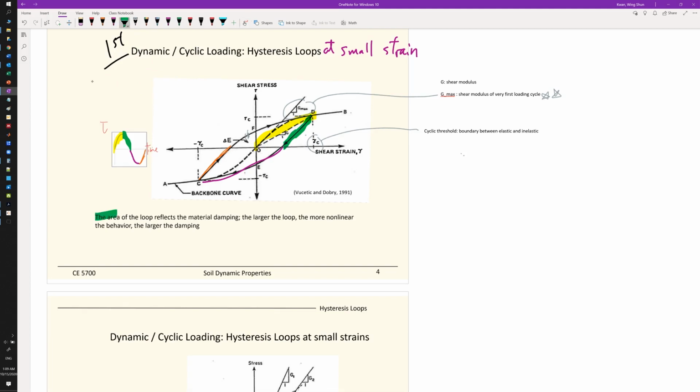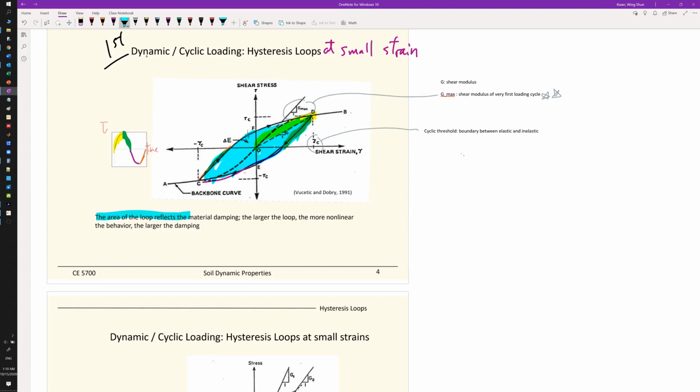So the area of the loops reflects the material damping. The area of the loops means, like this one, the area of your first loop. So the area here means how much energy the material can absorb.